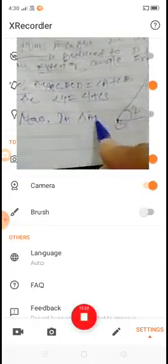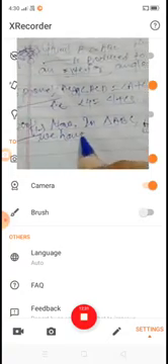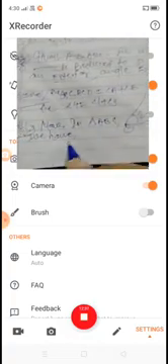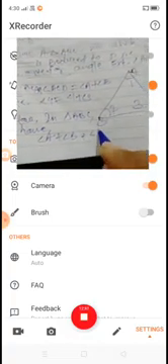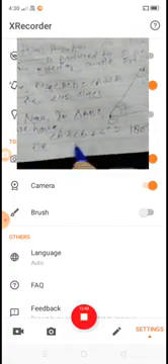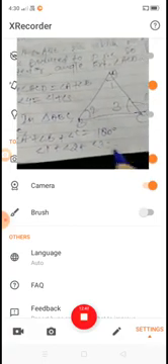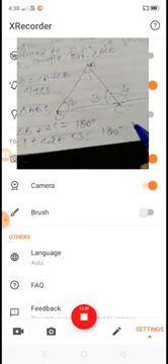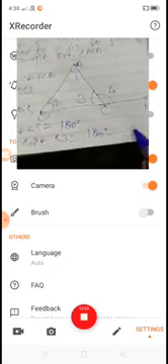In triangle ABC we have angle A plus angle B plus angle C is equal to 180, that is angle 1 plus angle 2 plus angle 3 is equal to 180 degrees. Take it as equation 1.